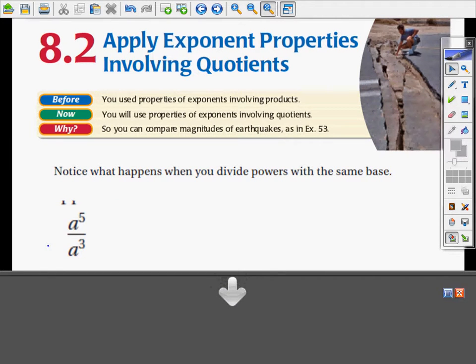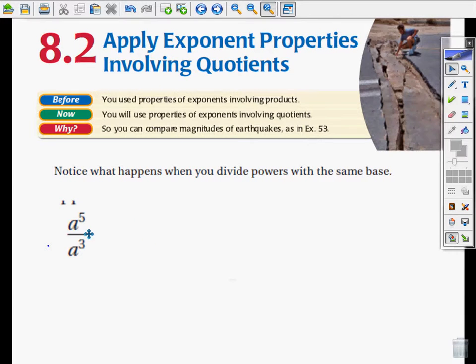Notice what happens when you divide powers with the same base. If I have a to the fifth power, that's really 5 factors of a. And a to the third power is 3 factors of a.